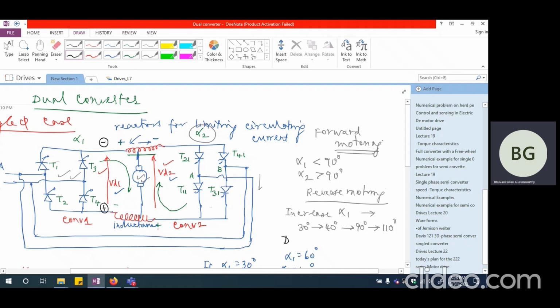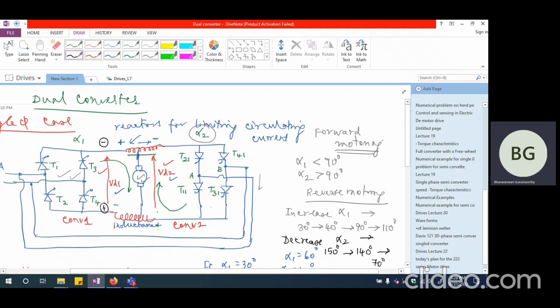At the same time, you would have decreased alpha 2. So when you decrease alpha 2, you would have initially been at 150, then you would have made it 140, then slowly it will come to 70 degrees.